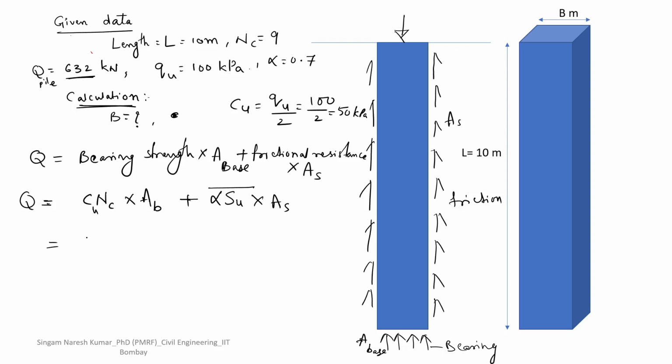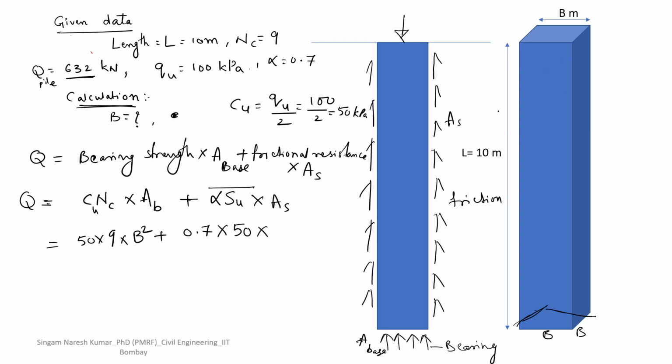CU is 50, NC is 9. What is the bearing area? The cross section is a square cross section, all sides B, so it will become B square, and alpha is 0.7. SU is nothing but CU, that is 50.